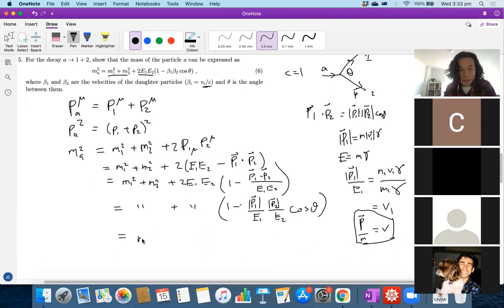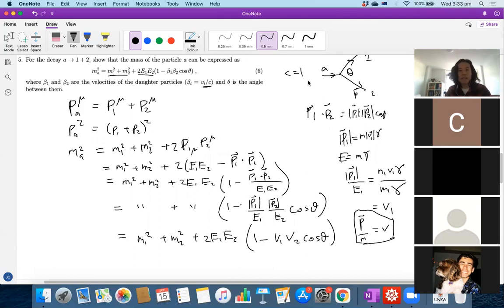So now we have m_1 squared plus m_2 squared plus 2 E_1 E_2 times (1 minus v_1 v_2 cos theta). We started off in natural units, so we don't have the c's, so let's put them back. It's not that hard. You just have to put one c down here and one c down here. How do I know just one? Because everything in this bracket, this term is just a 1, so it's dimensionless.